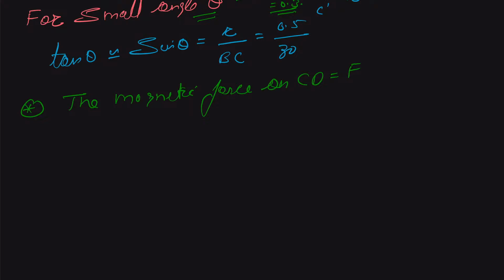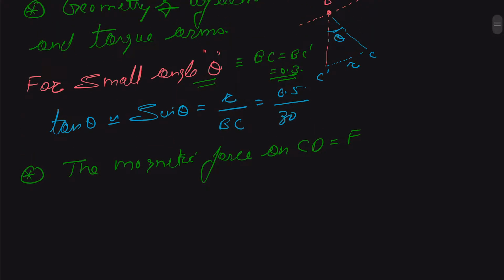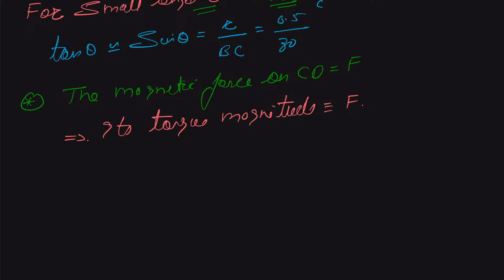So the magnetic force is F, and the perpendicular distance is BC prime, which is equal to BC. Therefore, we can write that the torque magnitude will be equal to F multiplied by the perpendicular distance, that is BC prime.